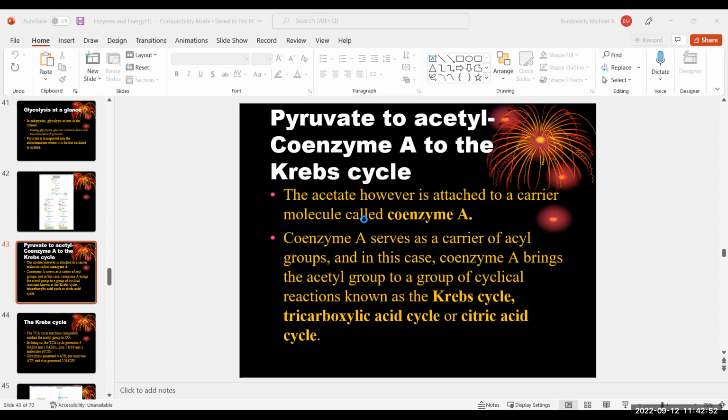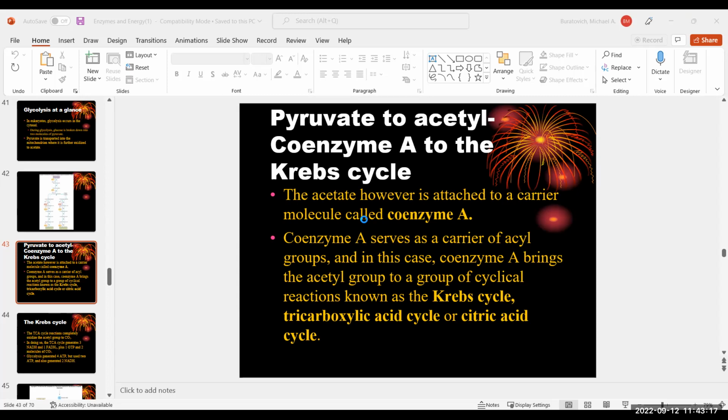So what goes into the Krebs cycle? An acetyl coenzyme A. You will generate 2 carbon dioxides, 3 NADHs, 1 reduced flavine, 1 FADH2, and a GTP that you make via substrate level phosphorylation.